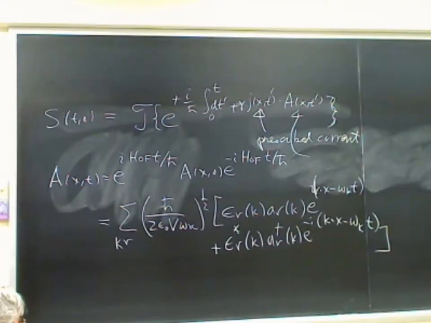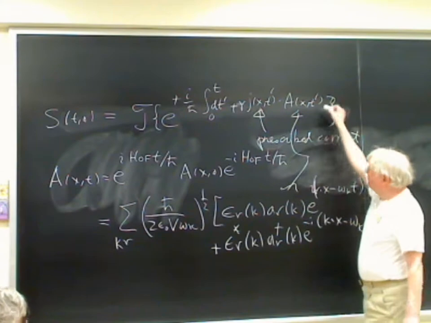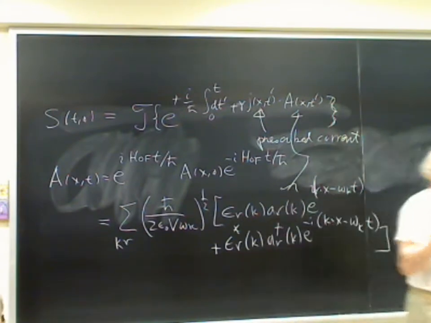All right, so that's what this field is here. It's this thing. The t dependence means that the operators have it.